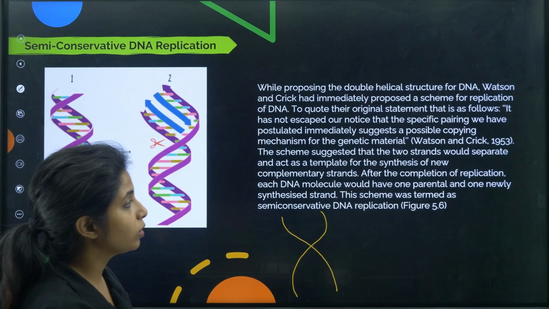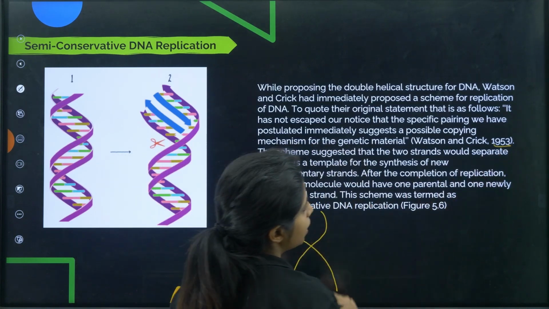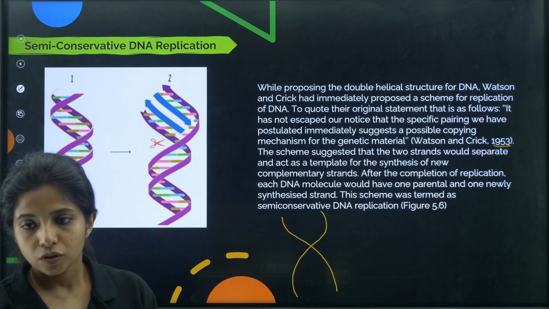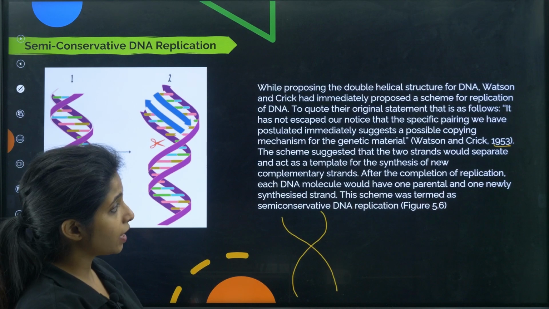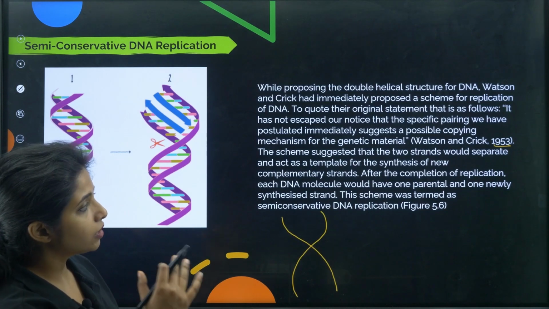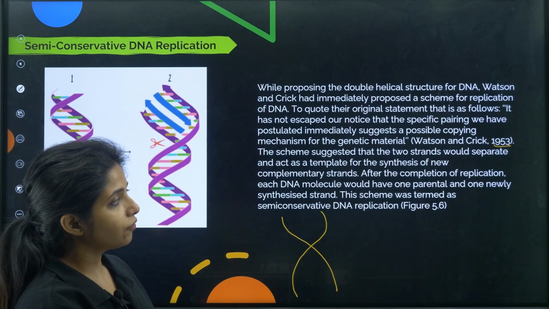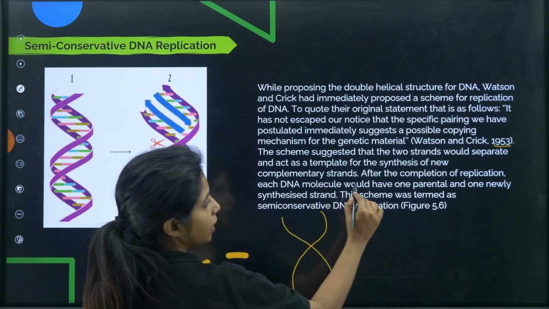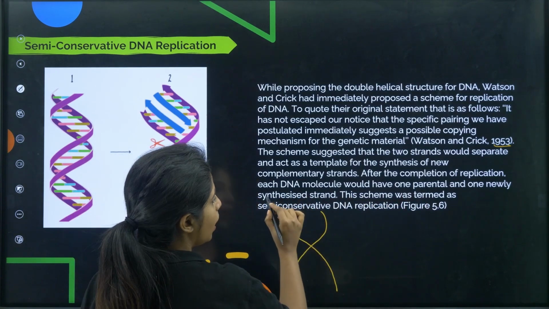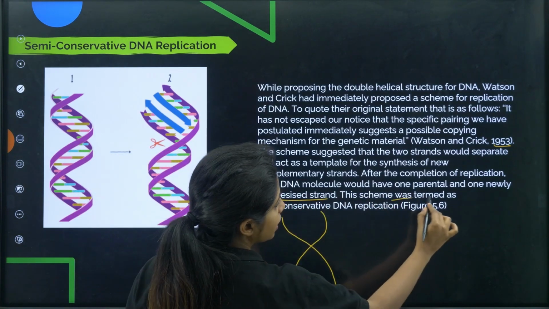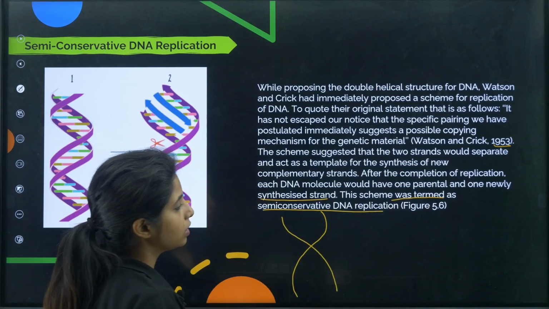In the year 1953, Watson and Crick said this. The scheme suggested that the two strands would separate and act as a template for the synthesis of new complementary strands. After the completion of replication, each DNA molecule would have one parental and one newly synthesized strand. This scheme was termed semi-conservative DNA replication.